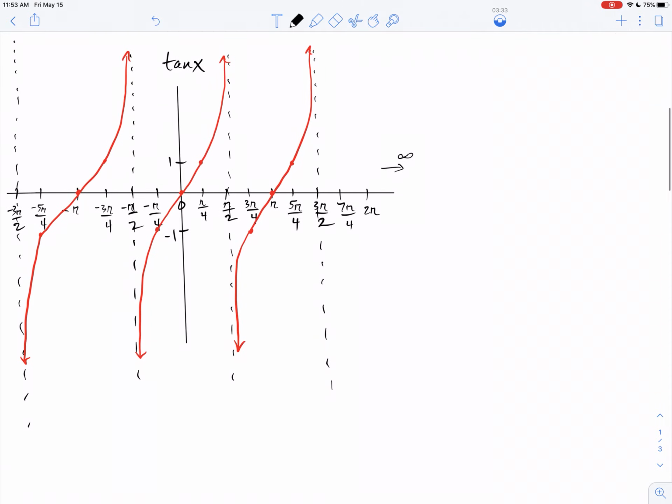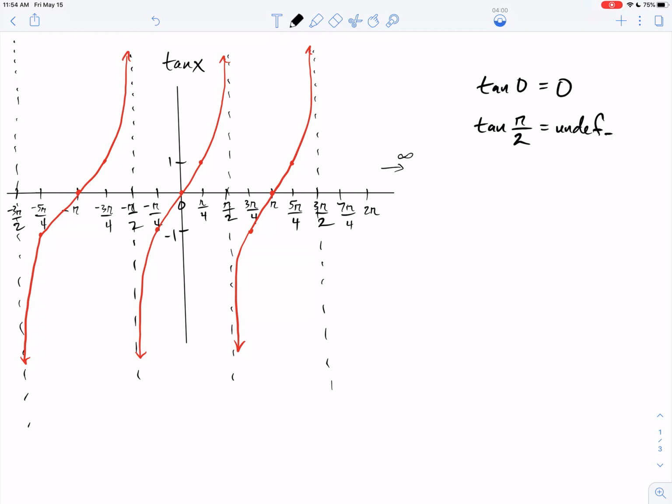And the reason why I wanted to mention tangent is it's a little bit different. If somebody says, what is the tangent of 0 degrees or 0 radians, let's just say it's radians, I would say, oh, the answer is 0 because it crosses right there at the origin. But tangent has asymptotes. So if somebody says, what is the tangent of pi over 2, I would say, that's undefined.